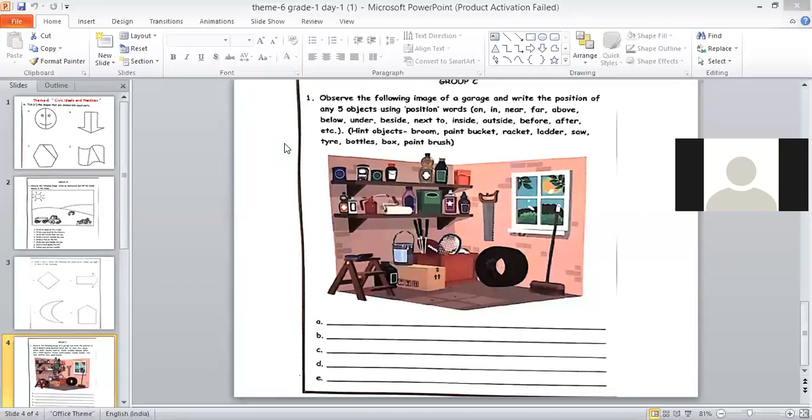Observe. Yes, ma'am. Advait, start reading this question. Observe. Observe the following Okay. image of of a a garage garage and will right, W-R-I-T-E, right, write the following position position of any A-N-Y, any.